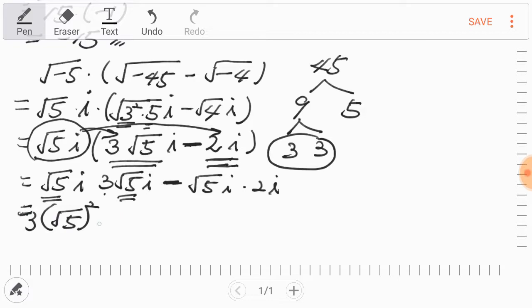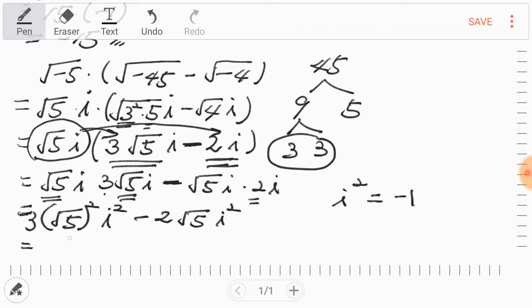So 3 times square root of 5 squared times i, which is multiplied twice, so i squared, minus, same thing here, put the number in front, followed by square root of 5. i times i is i squared. And now we know that i squared is negative 1.